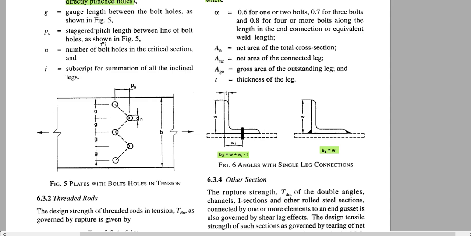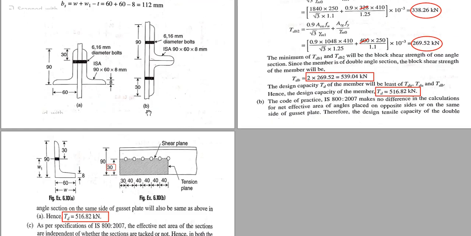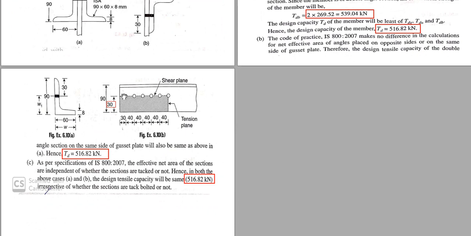So in this figure, what is the length of the connection? The length between the two outermost bolts, from this bolt to this bolt. So that should be 40 plus 40 plus 40 plus 40 plus 40, that means 5 into 40.